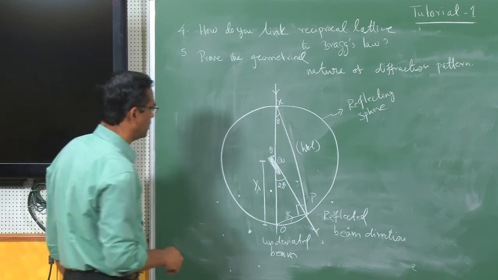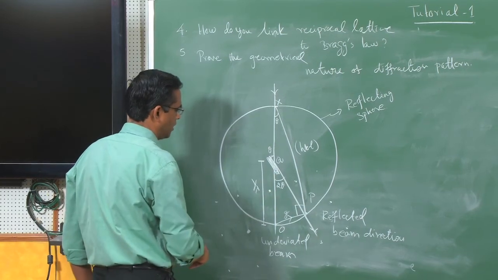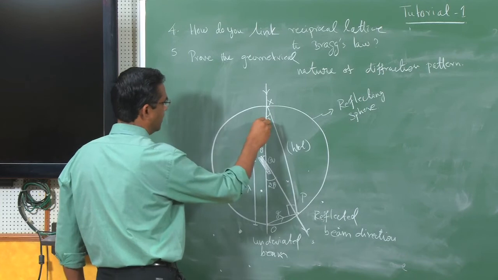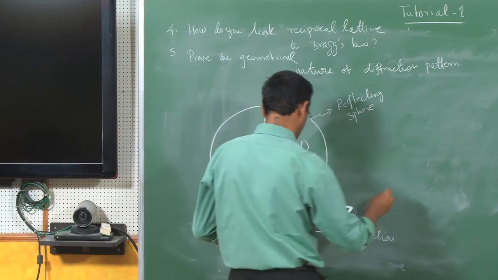So, from this what are we going to show? If you look at this simple geometrical relation, for example, if I write sin theta, what will I get?